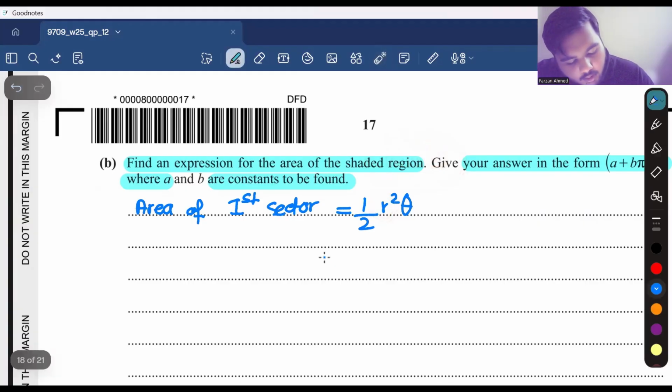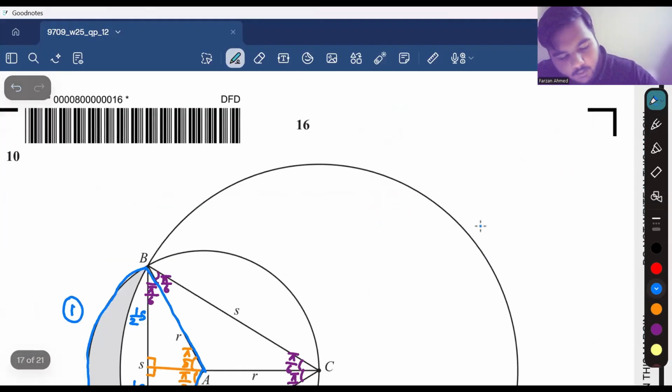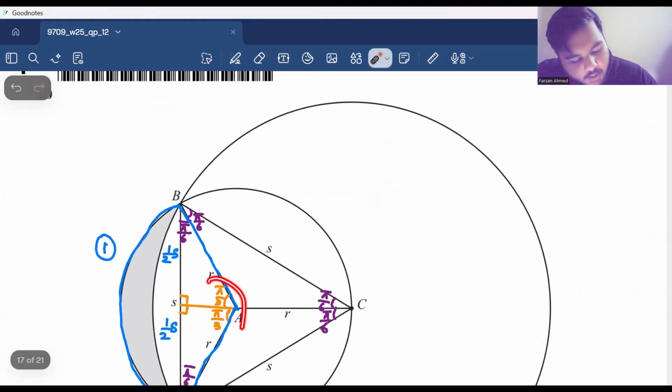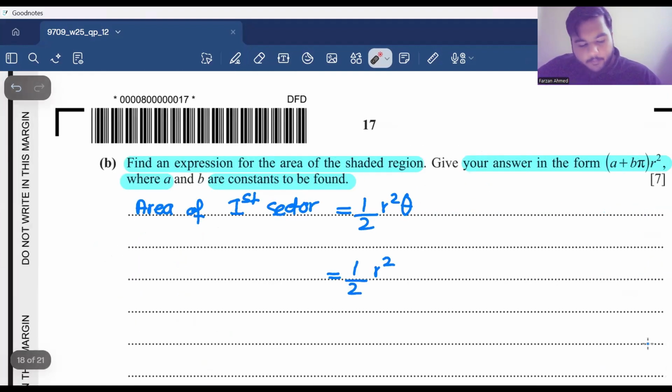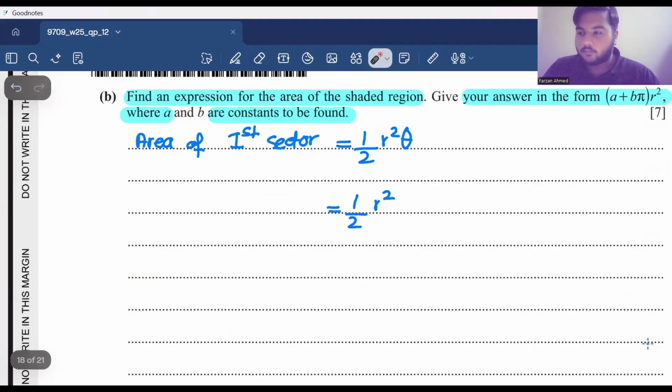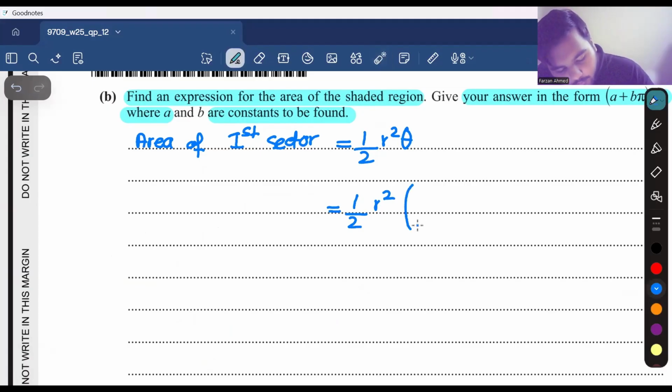So what is theta? Theta will be this: pi upon 3 plus pi upon 3, which is 2 pi upon 3.